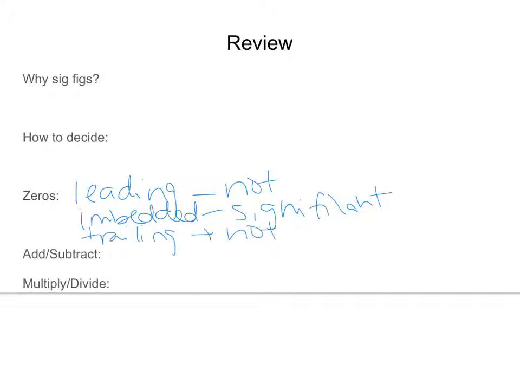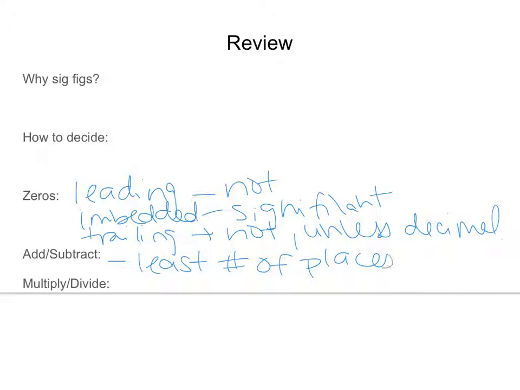They are not significant unless there's a decimal. Okay, so try to remember that. Okay, when you add and subtract, it's the least number of places. That's where you round to. When you multiply and divide, it's the least number of sig figs. Sometimes those numbers are the same. Sometimes they're not. Okay.